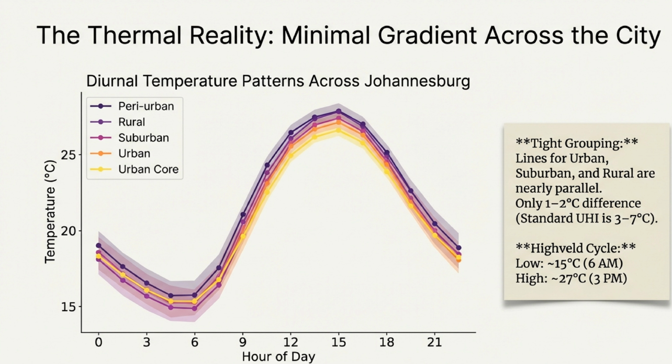For the climate data, we used ERA5 Land Reanalysis from the European Center for Medium-Range Weather Forecasts. This combines millions of weather observations with atmospheric physics models to give us hourly temperature at every point on Earth. We sampled 10 locations across Johannesburg's urban-to-rural gradient. Here's what made this analysis feasible: Google Earth Engine.